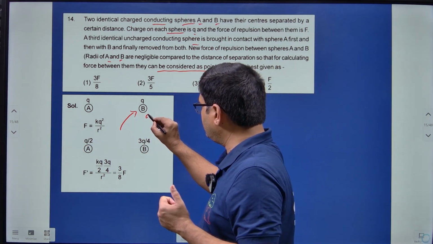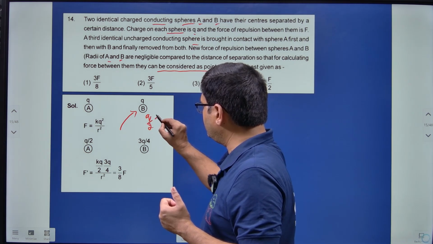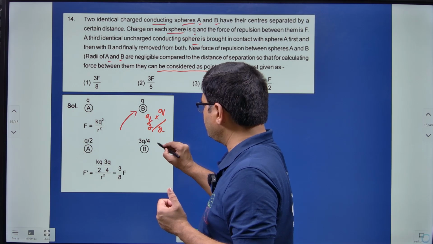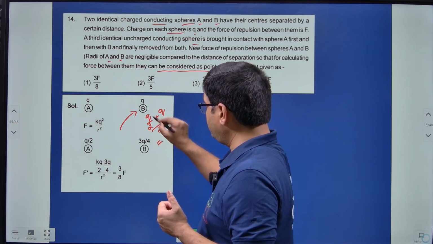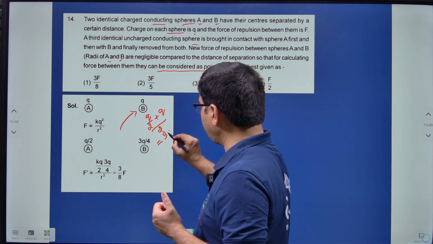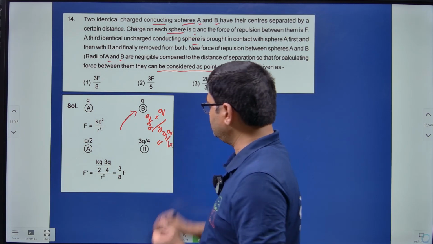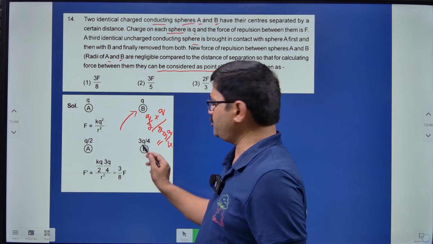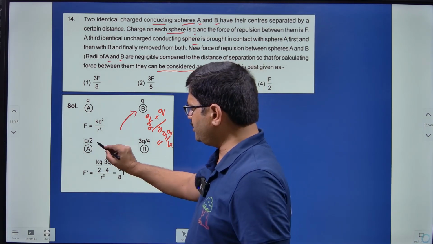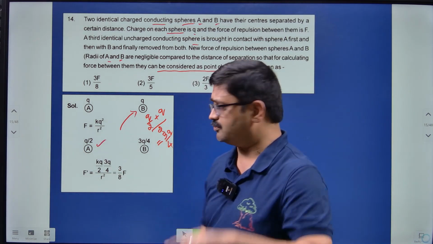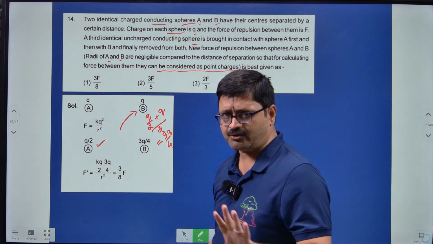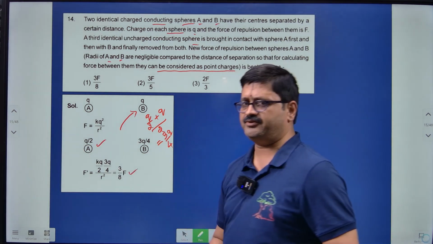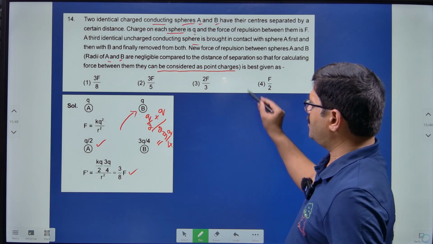Q by 2 plus Q whole divided by 2, which is nothing but 3 by 2 by 2, that is 3Q by 4. So the charge left on sphere B should be 3Q by 4. Charge left on A is Q by 2. Then we apply Coulomb's law and we will get 3 by 8 F here. So this is option 1.